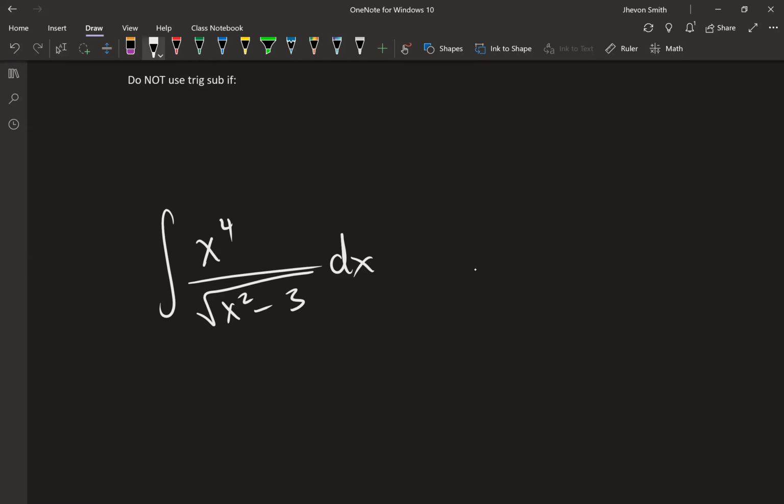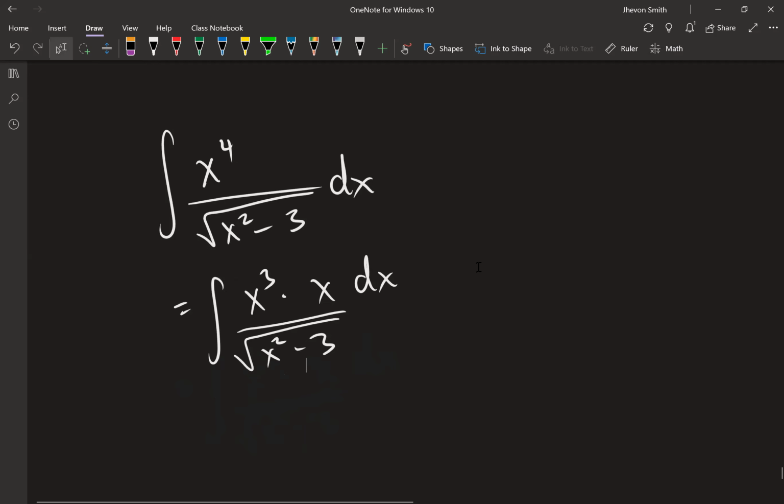Because you can say, well, you can factor off an x. Is the ability to factor off an x what's important? Would a substitution still work there? So the difference in the power is 1.